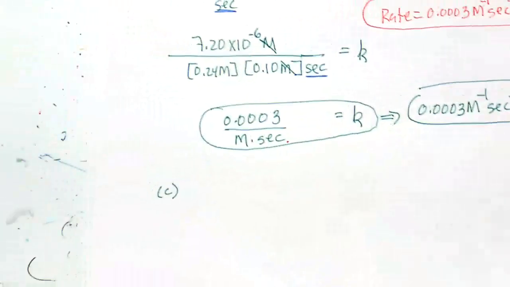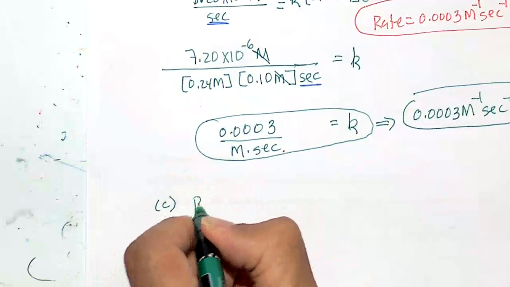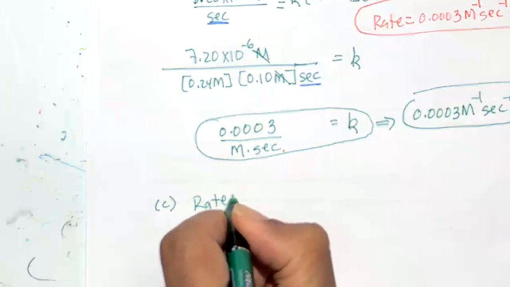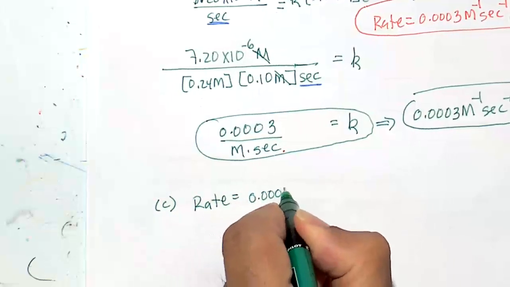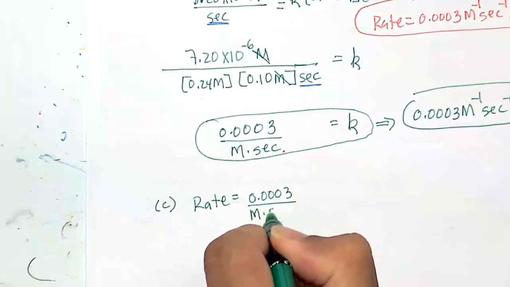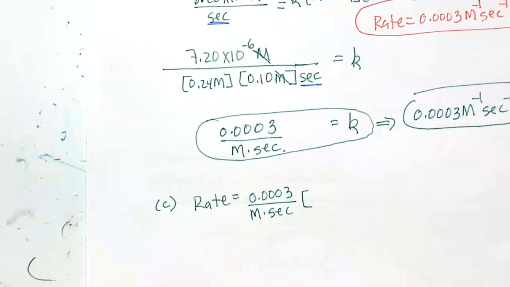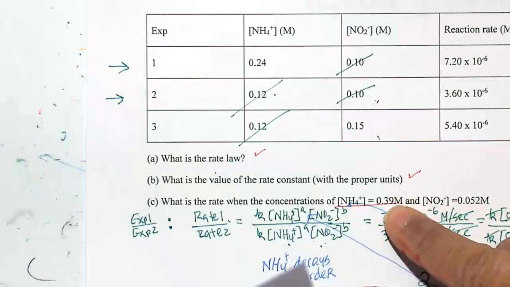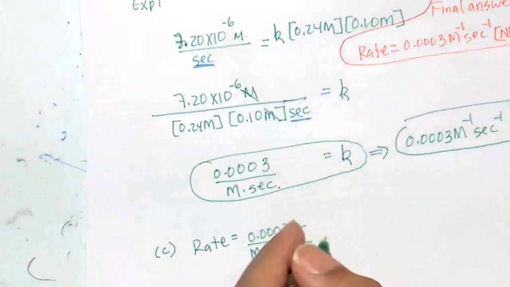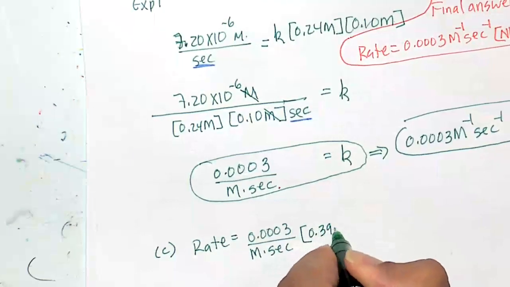Part C is going to be: rate is equal to K, which is 0.0003 M in the denominator, seconds in the denominator. What's the concentration in part C? 0.39 molar raised to the first power.